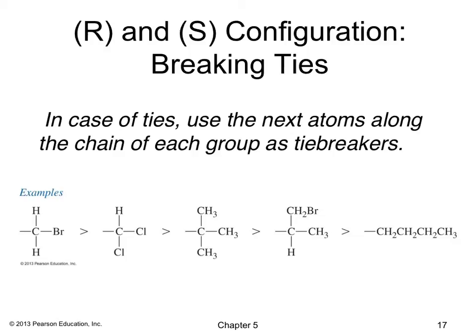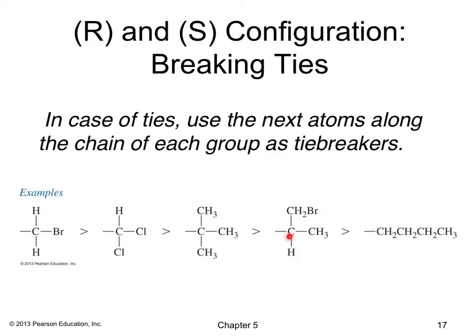Now, there can be cases when you're assigning priorities where you have a tie. So in cases of ties, you use the next atom along the chain of each group as tiebreakers. So here is an example where you have this R attached to CH2, CH2, CH3. When we compare it, for example, to this, which molecule has the higher priority?